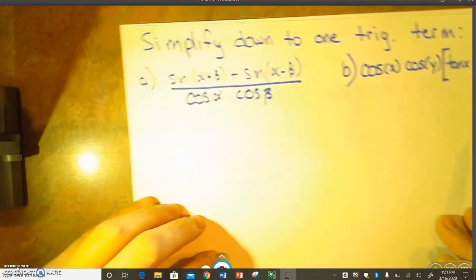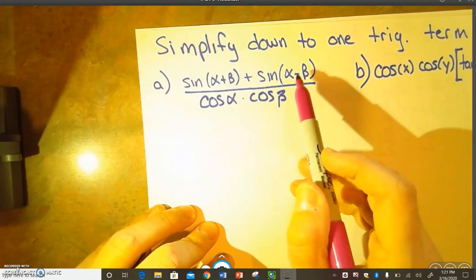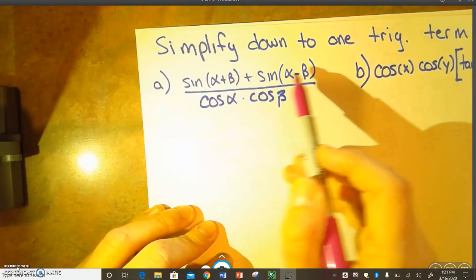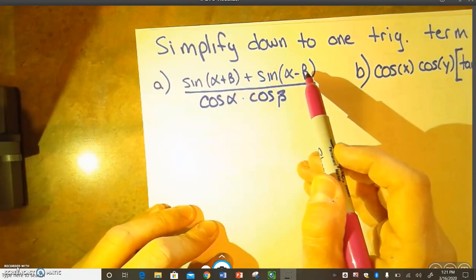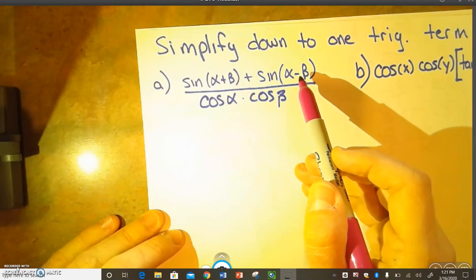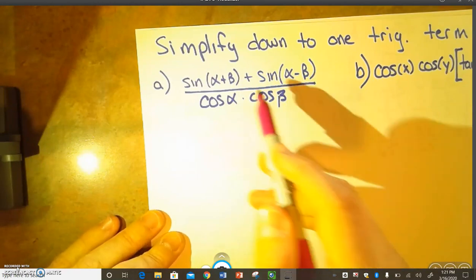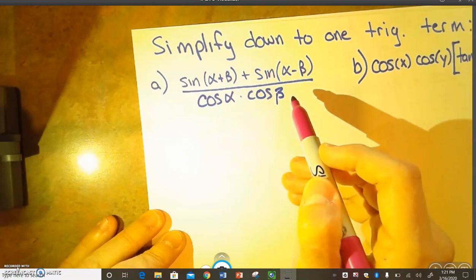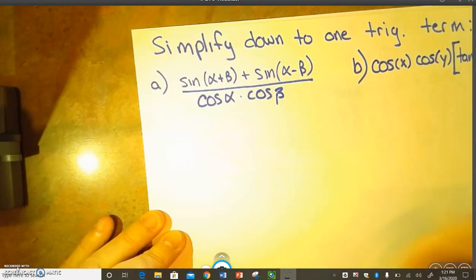Okay, so I'm going to first focus on my numerator, because right away, both of those expressions, the sum and the difference, have formulas. So it's going to temporarily look a lot worse before it gets better, because sine A plus B and sine A minus B, both of those are going to make a more expanded version.